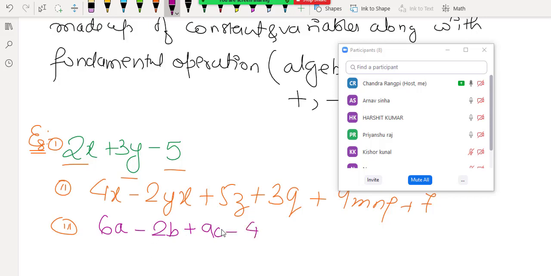Okay, this much is enough. This is an example where we can see constants and variables, and in between them fundamental operations.